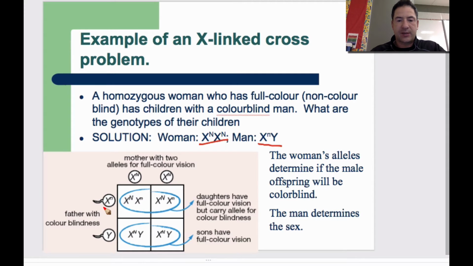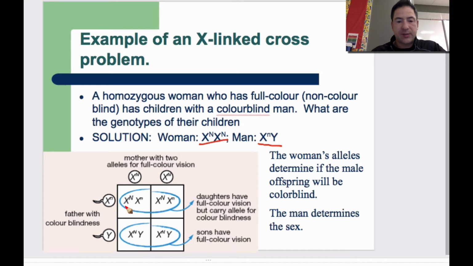So notice that this man is colorblind, okay? And this woman has full vision. So now she is homozygous dominant because she has 2 big ends, and this male is, well, I guess he's going to be colorblind as a phenotype because either he has it or he doesn't.